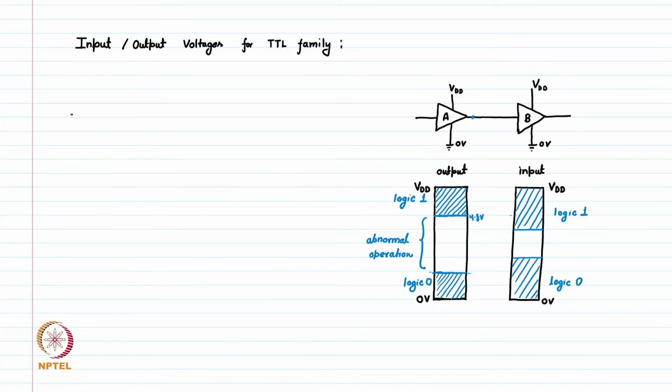So based on this, we define VOH, VOL, and then VIH and VIL.